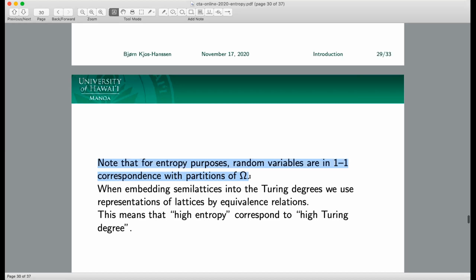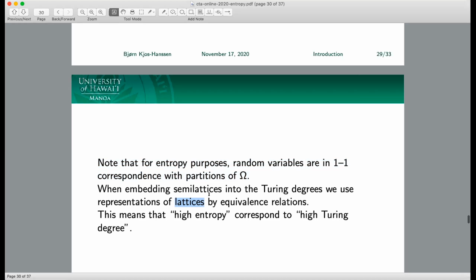And in doing that, the typical technique is that we have a semi-lattice or lattice, and then we want to represent it as a lattice of equivalence relations. And that's maybe not obvious initially. Why would you want to do that? Why not just work with the lattice as it is?